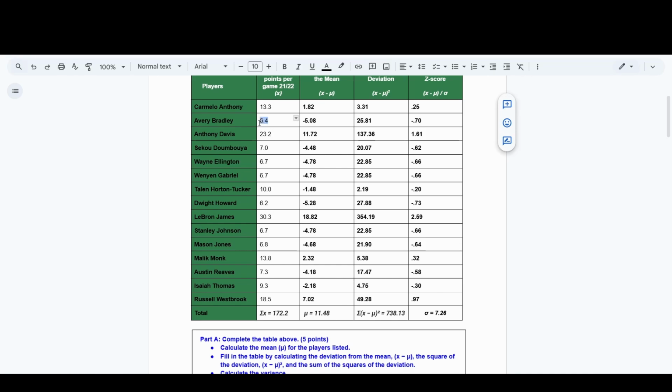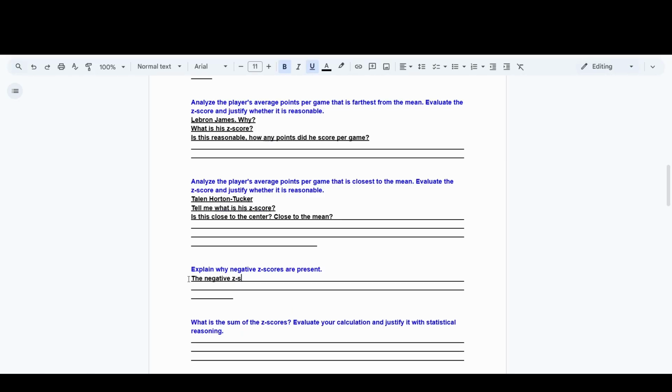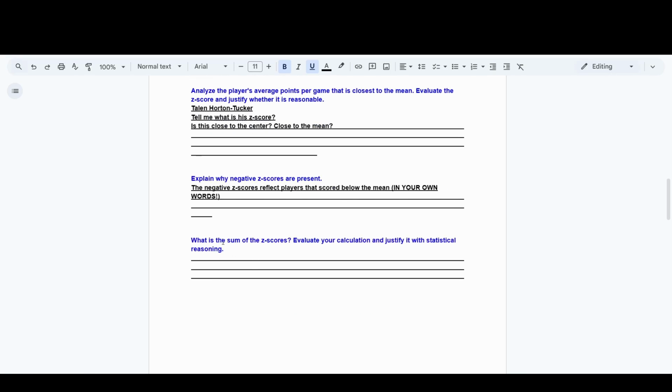Here's 6.4, that's below the average, so he's going to have a negative z-score. All right, so just tell me something like that. The negative z-scores are reflecting players that scored below the mean. Again, in your own words, please.